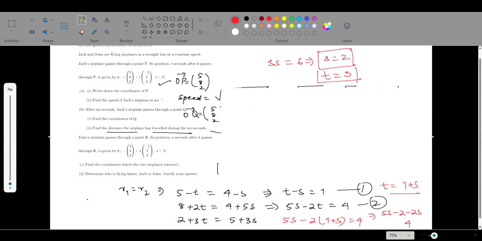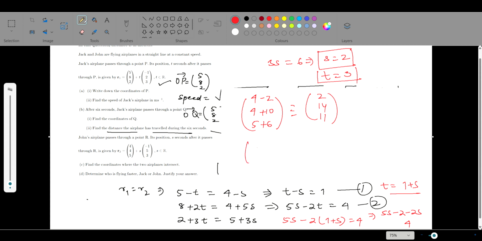For example, if I put that S here in the R2, it will be 4 plus minus 2, 4 plus 2 times 5, and 5 plus 3 times 2. So what I'm getting is coordinates 2, 14, 11.